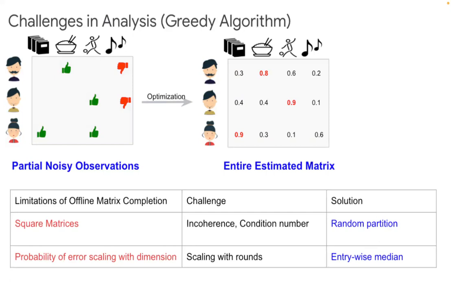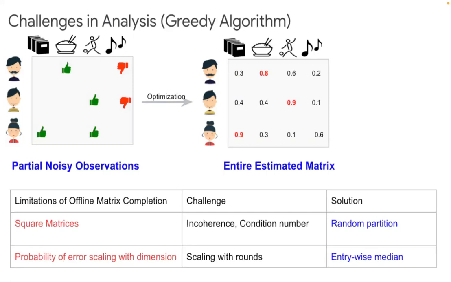The second limitation is that the probability of error usually scales with dimension in the existing guarantees for offline low rank matrix completion. However, in these kinds of bandit optimization problems, we need a probability of error that scales with the number of rounds. To have a much smaller probability of failure, we can do a very simple trick.